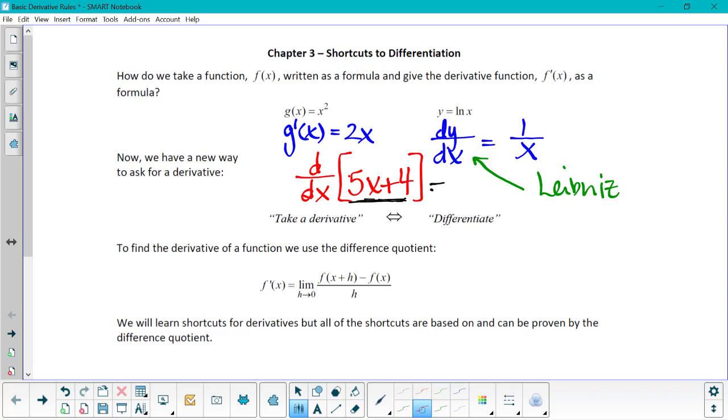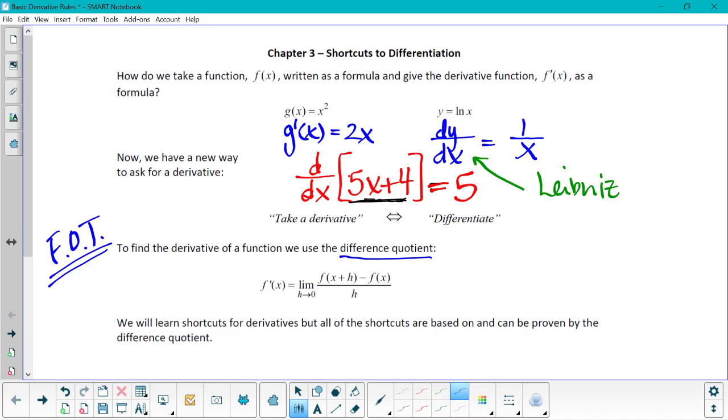We know that a linear function has a constant rate of change, so the derivative is the slope of that line. Okay, so the terminology we use for taking a derivative is to differentiate. So that's why we say we're looking at shortcuts or rules for differentiation. In the focus on theory assignment, you looked at using the definition of derivative, which uses the difference quotient and the limit as h goes to 0.